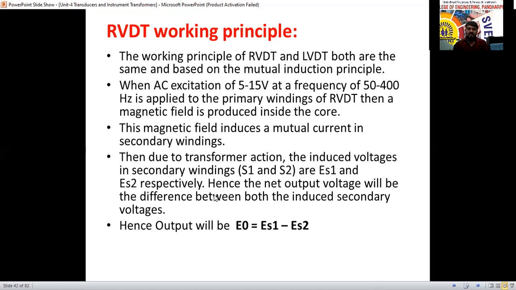Hence, the net output voltage will be the difference between both the induced secondary voltages, that is E0 equal to ES1 minus ES2.